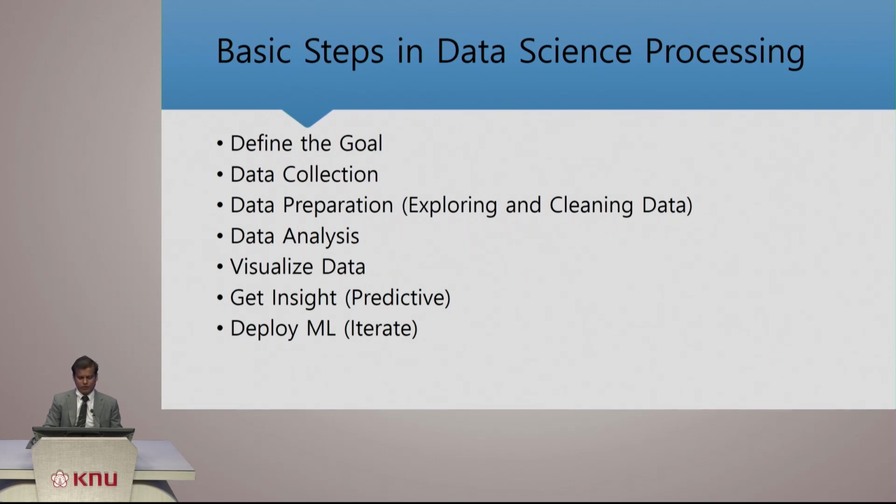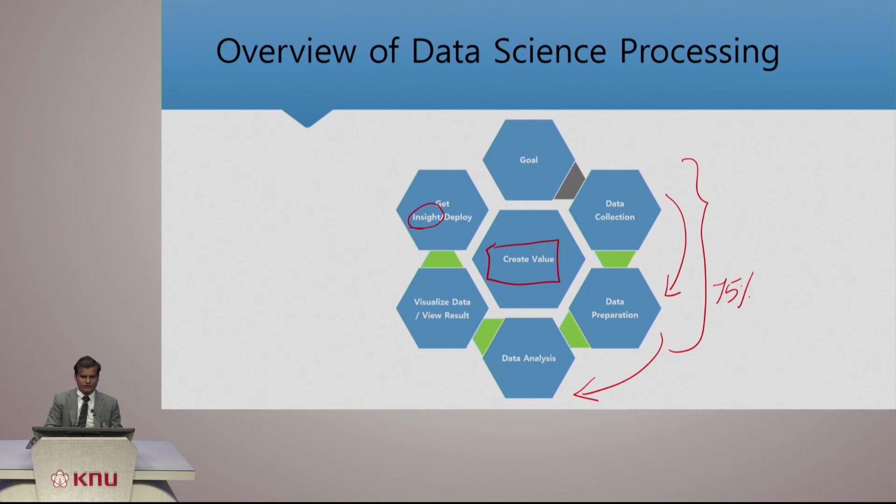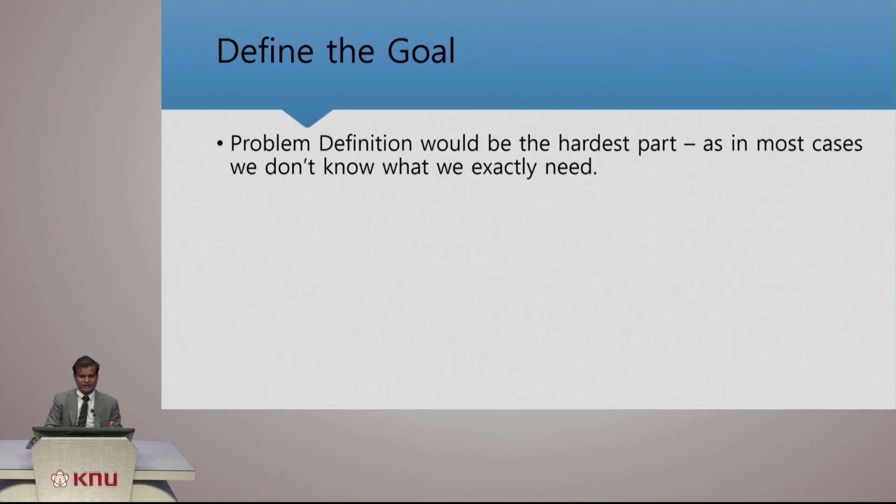Let's quickly look into those steps in detail, which is almost the same thing that we saw here in this block diagram. So now let's move on one at a time. As far as data science is concerned, the first and the primary goal is to define what is your aim, what is your main objective, what you are expecting.